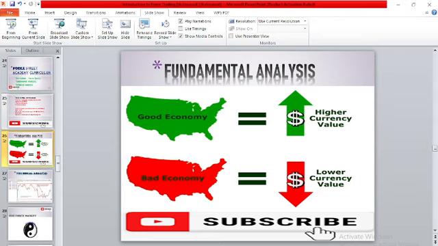Now later in this course, you will learn which specific news event drives currency prices the most. For now, just know that fundamental analysis on forex is a way of analyzing a currency through the strength of that country's economy. That is just a fact.